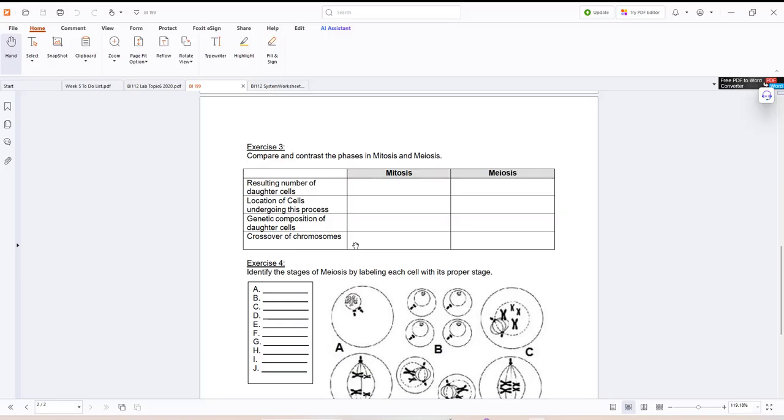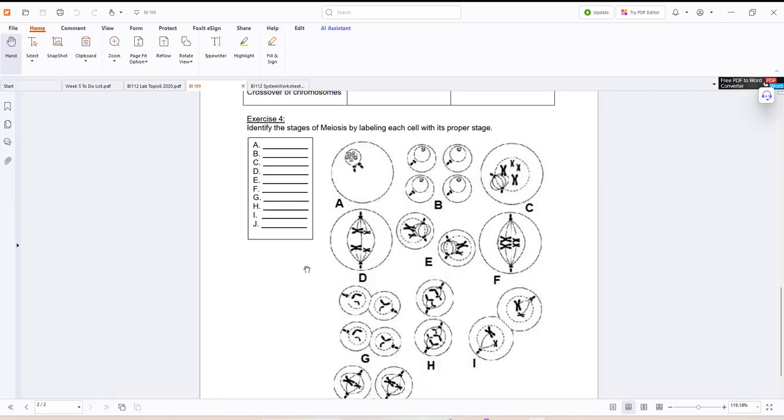Yes or no. Okay. And then finally we get to exercise 4. So exercise 4 is the stages of meiosis. And in the stages of meiosis, we do have interphase as a possibility, as well as cytokinesis. Okay, so those are possibilities here.